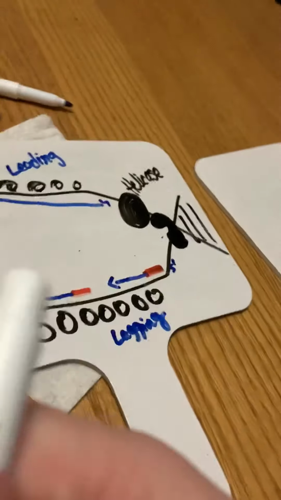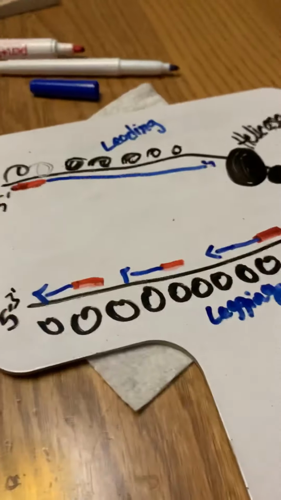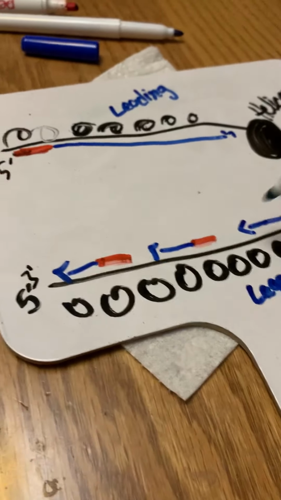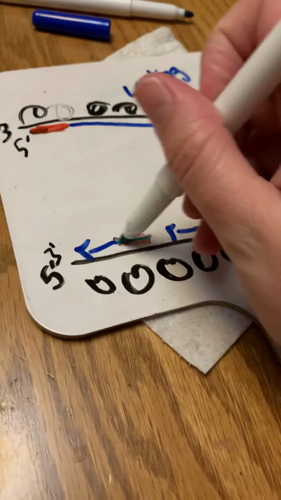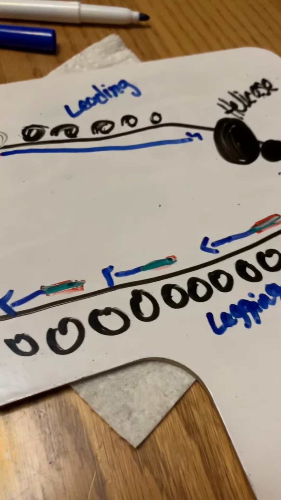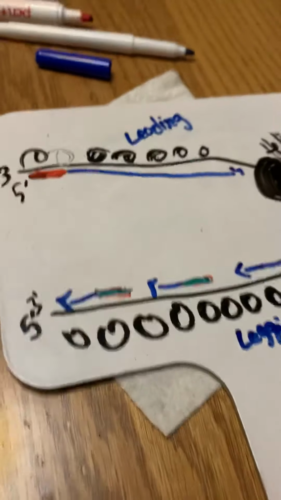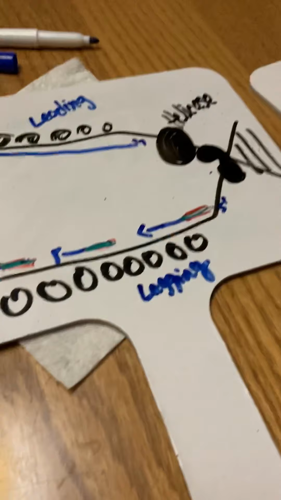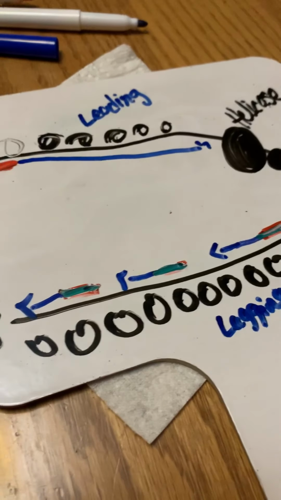So we are now going to add DNA polymerase 1, which removes the primers and replaces them with DNA nucleotides. So RNA is no longer left.